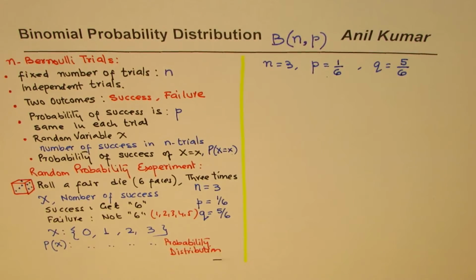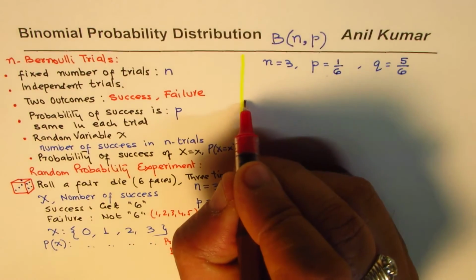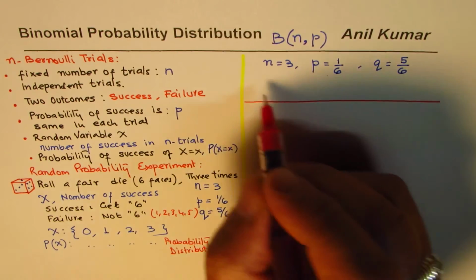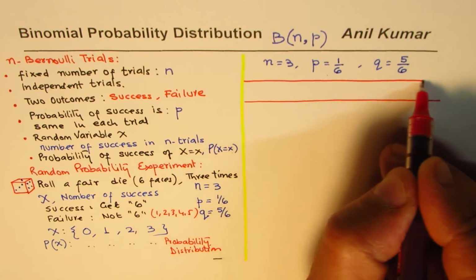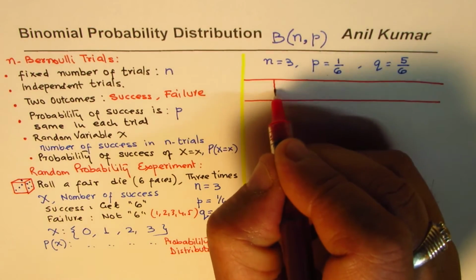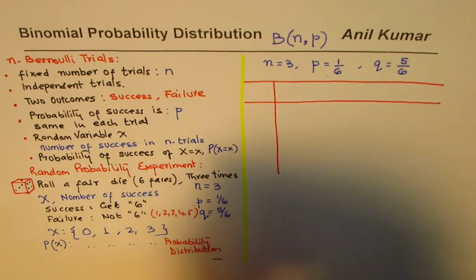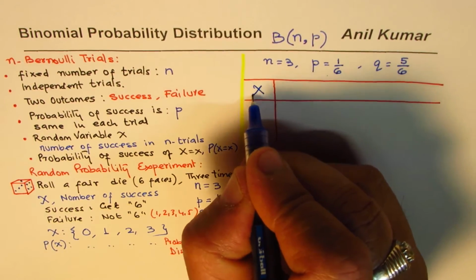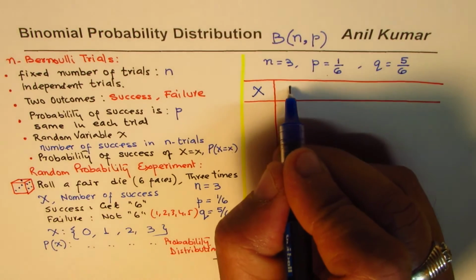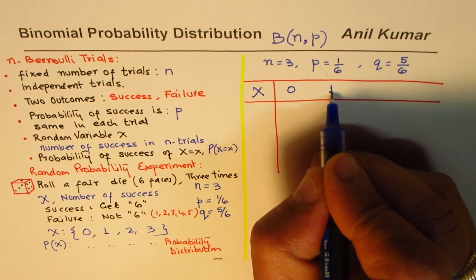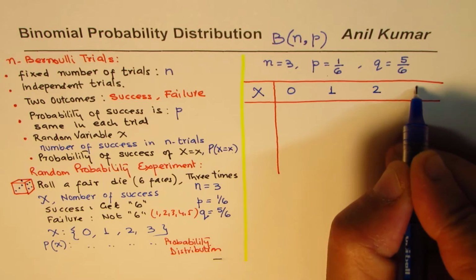Now, let me make a table here to show possible outcomes. The outcomes for the random variable x: x can have values 0, 1, 2, or 3.